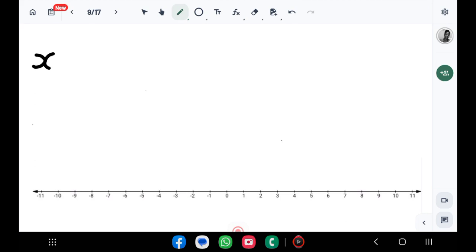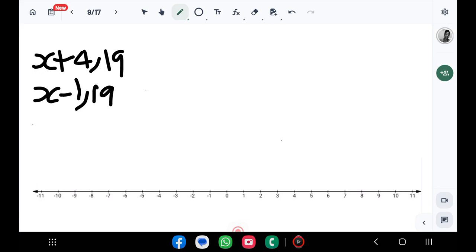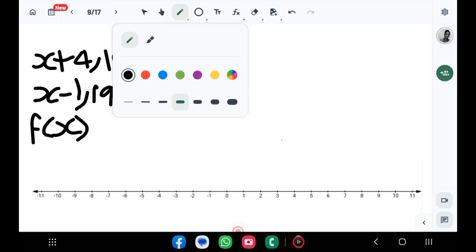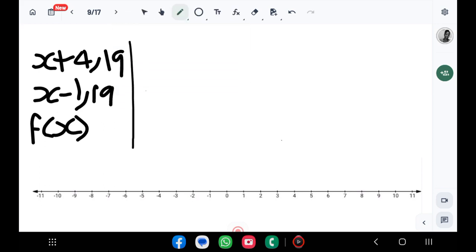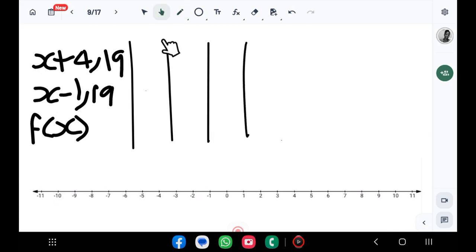So we're going to start with x plus 4/19, and then the next one will be x minus 1/19, and then your f of x, which is basically the product of the two factors. We've got 2 critical values, so they will fit nicely there.